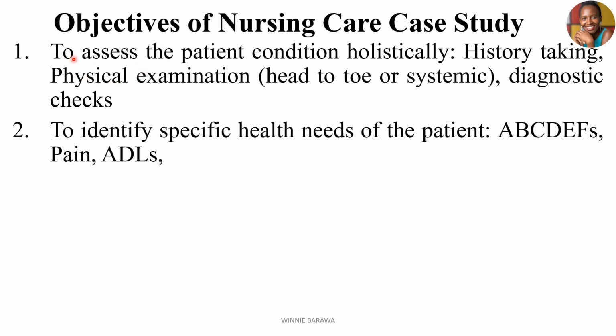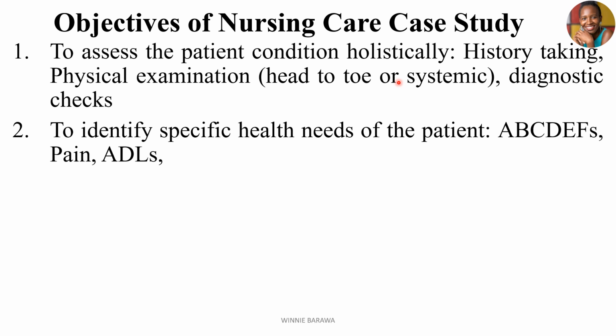So in the objectives, one of them is to assess the patient's condition holistically. In this case, we shall participate in the assessment bit. We shall conduct several aspects like history taking, physical examination that can include head to toe or systemic. It can also include diagnostic checks like x-rays, imaging, blood works.